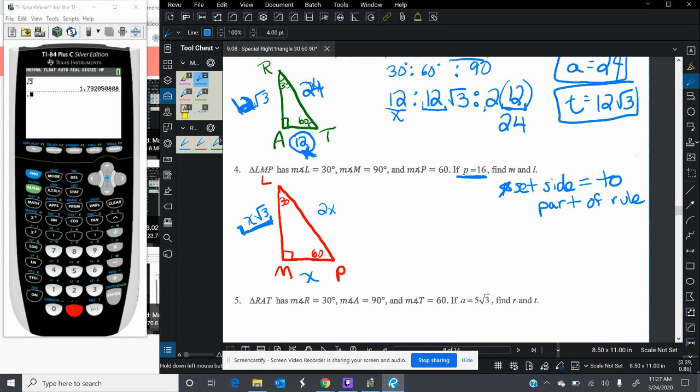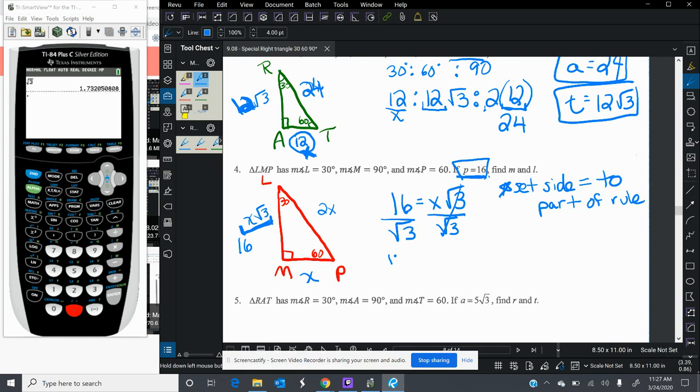So since across from the 60 should be x square root of 3, and they're telling us that measure for this example is 16, I'm going to say that 16 equals x square root of 3. So to find the measure of x, which will be my little l, we're going to divide by the square root of 3 so that x stays alone.